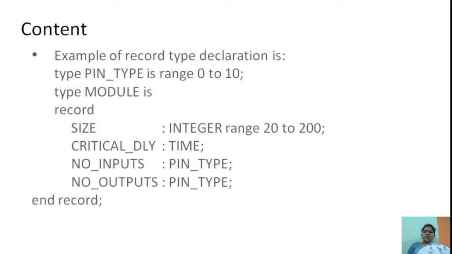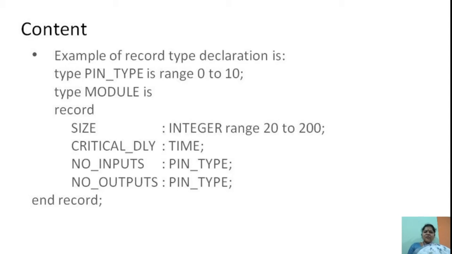So in this example, consider the second example. Here in this declaration, the pin type range is from 0 to 10 and type module is record. The size, critical delay, number of inputs and number of outputs are mentioned in the single program.